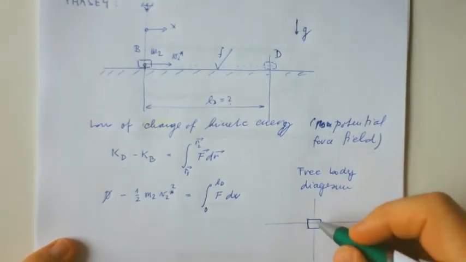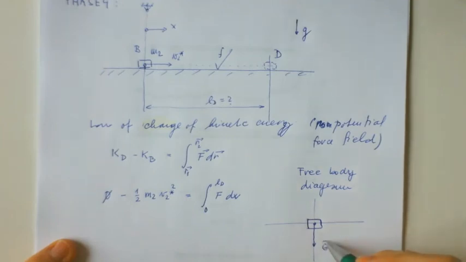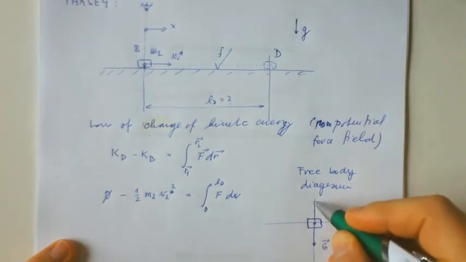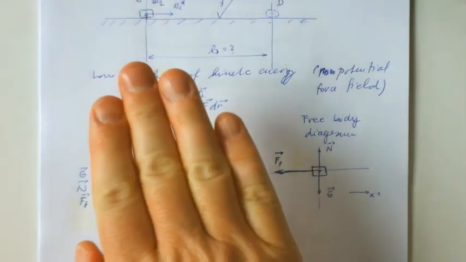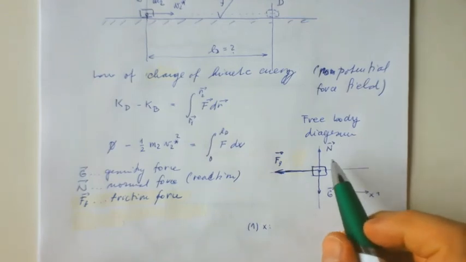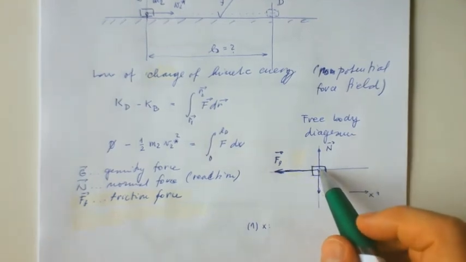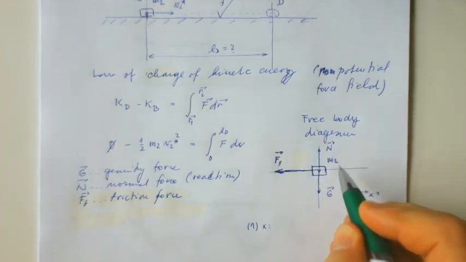First there is gravity force, and second there is a normal force from the supporting base. A free body diagram is a scheme where we draw all forces acting on the particle. So this is particle 2.